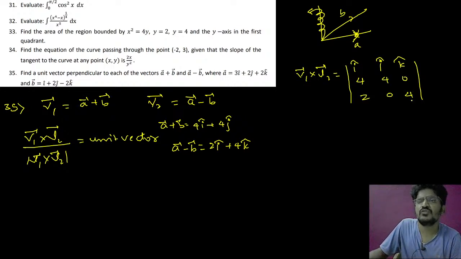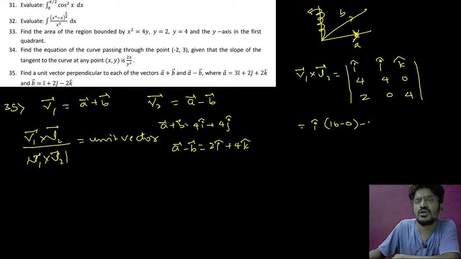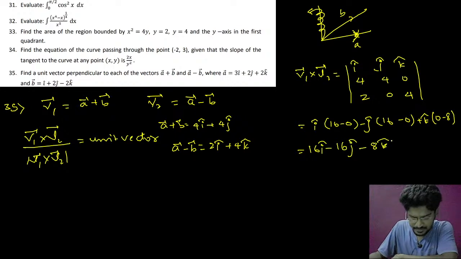And 2 0 4. Clear? So quickly you also verify it once and give me thumbs if I am correct. 4 into 4 is 16 minus 0, minus j cap into 4 into 4 is 16 minus 0, plus k cap into 0 minus 8. So this is 16 i cap minus 16 j cap minus 8 k cap.